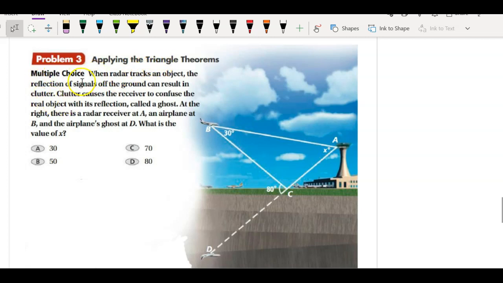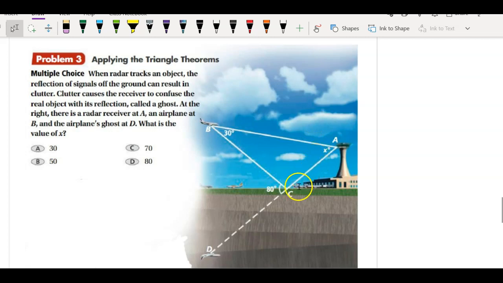Okay, last problem. So we've got a multiple choice question. It says when a radar tracks an object, the reflection of signals off the ground can result in clutter. Clutter causes the receiver to confuse the real object with its reflection, called a ghost. At the right, there's a radar receiver at A, an airplane at B, and the plane's ghost at D. What is the value of x?